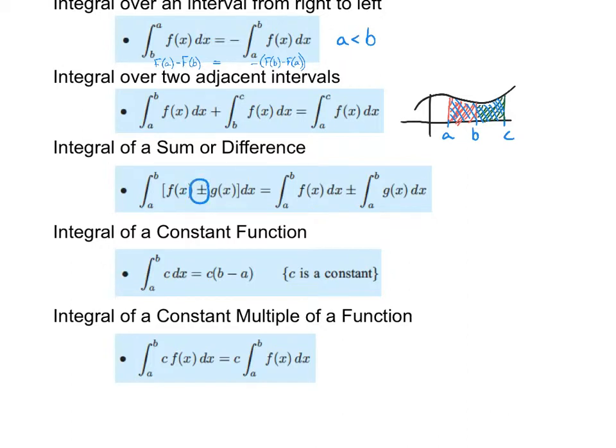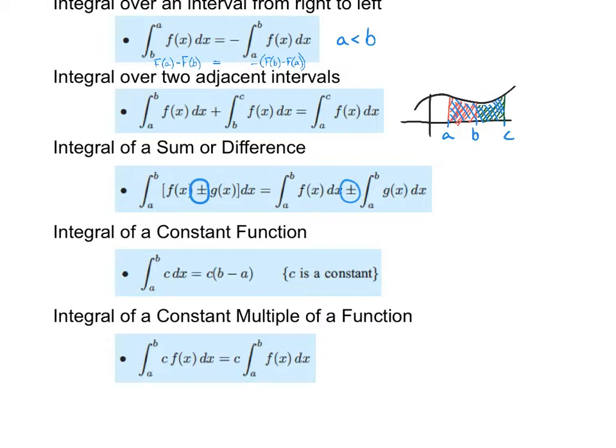If I'm taking the integral of two functions, added or subtracted, I can simply take the integral of the one function and the integral of the other function and add or subtract those values.